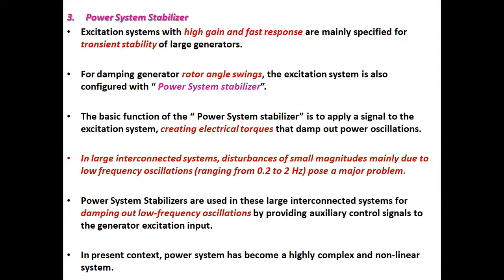The basic function of the power system stabilizer is to apply a signal to the excitation system, creating electrical torques that damp out power oscillations. In large interconnected systems, disturbances of small magnitudes, mainly due to low frequency oscillations ranging from 0.2 to 2 Hz, pose a major problem.